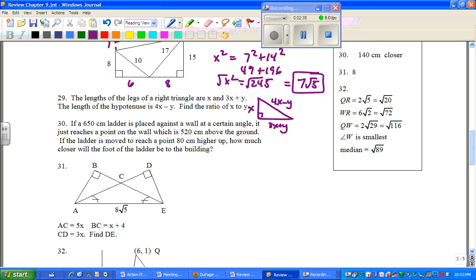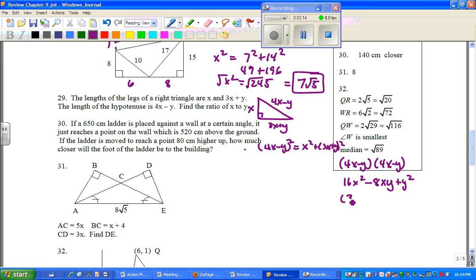The difficulty about this question is we do it the same way as one of those other ones, where the hypotenuse, 4x minus y squared, is equal to x squared plus 3x plus y squared. Well, when we solve that, when you do 4x minus y times 4x minus y, you get 16x squared minus 4x, it's another 4x, that's minus 8xy plus y squared.